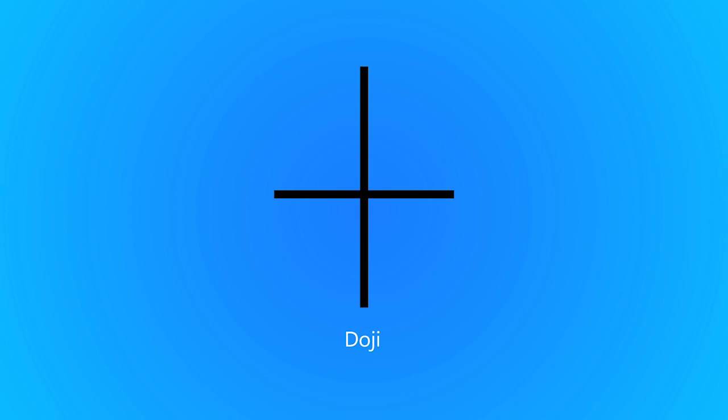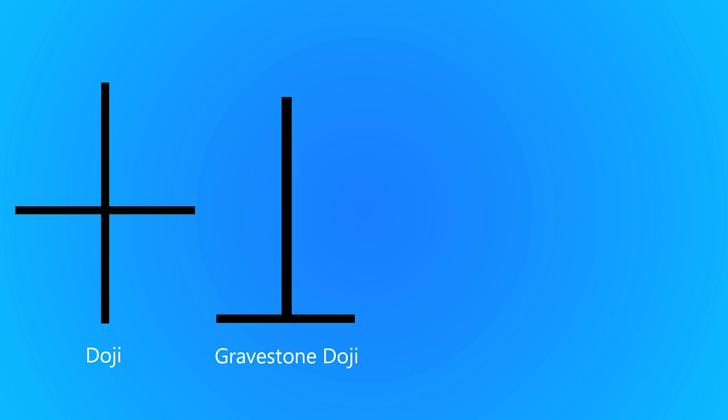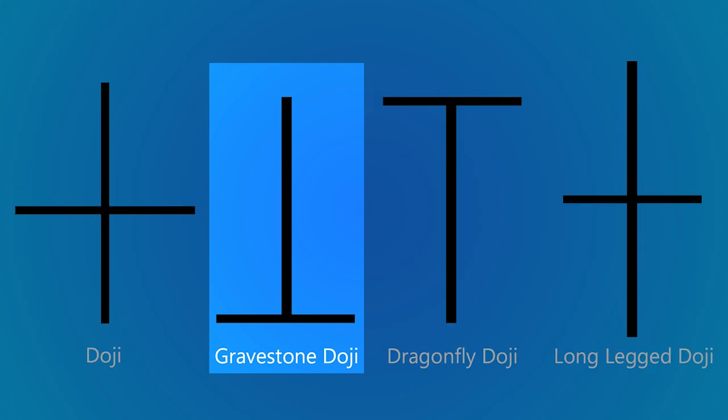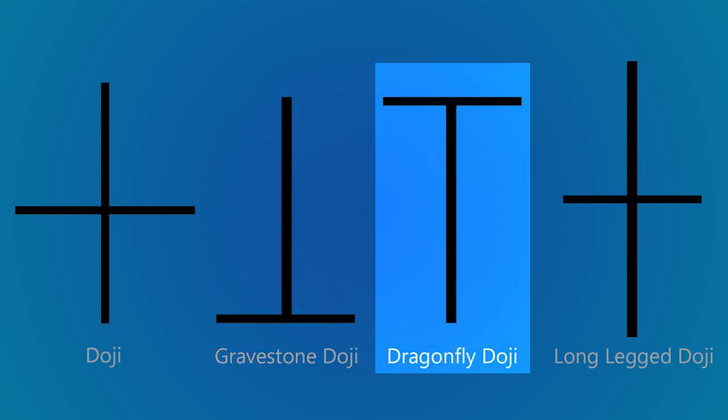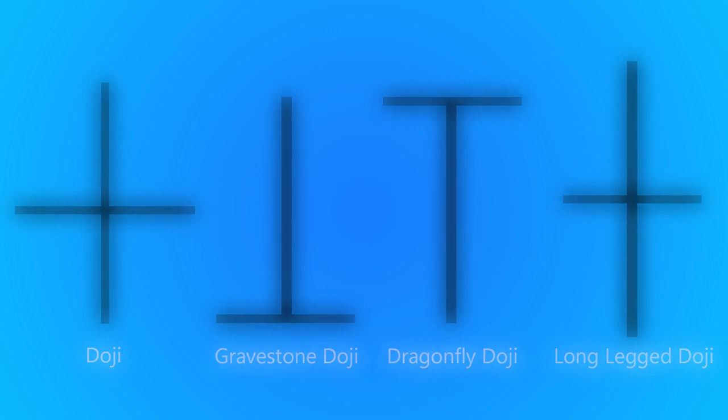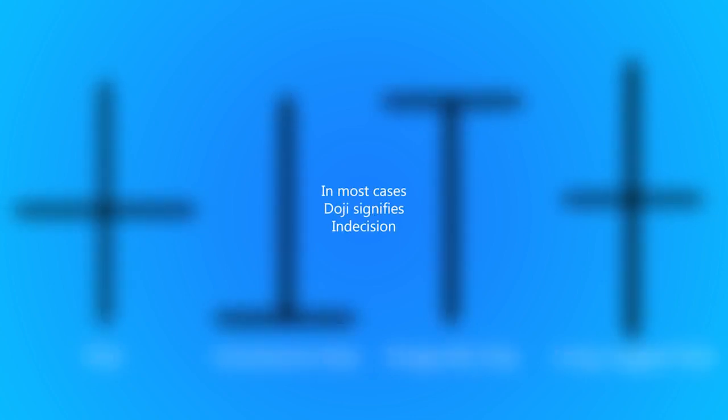There can be various variations of Doji like this, or this. Now this one is known as gravestone Doji. Doji usually signifies indecision, but in the case of gravestone Doji, it implies bearishness. Or in the case of dragonfly Doji, it signifies more of a bullishness rather than indecision. But more or less, in most cases, Doji will always be about indecision.